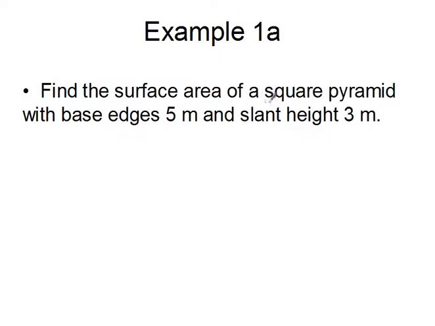Alright, this time it tells you it's a square pyramid, so it's still regular, it just has a square on the bottom of it. The base edges are 5, so the edges of the square are all 5. And the slant height is 3.